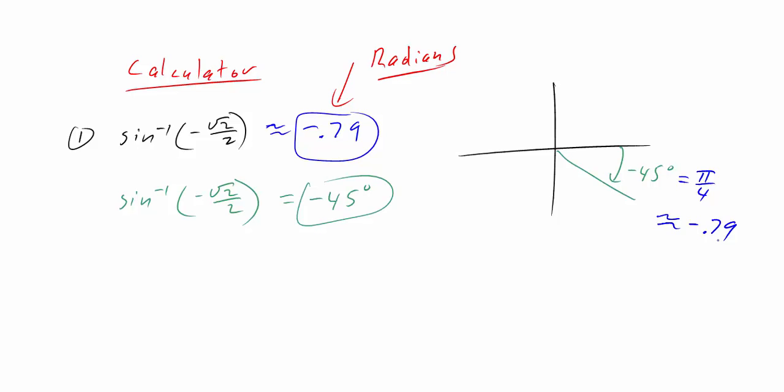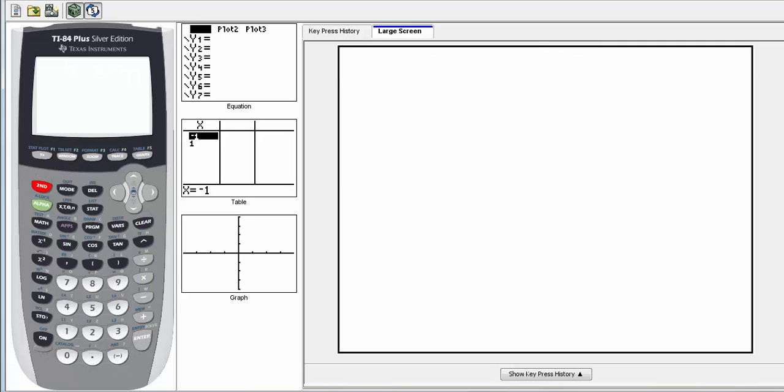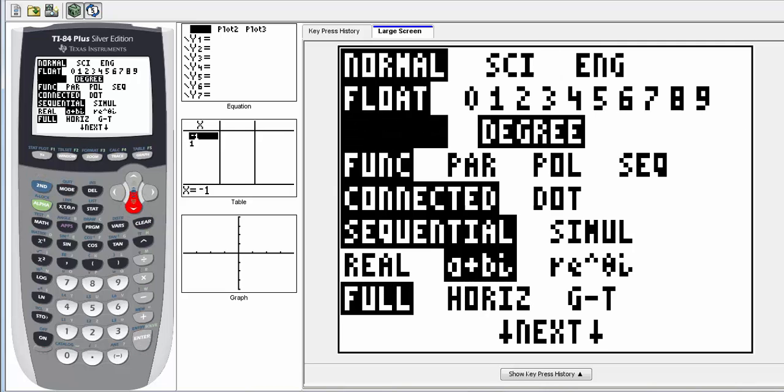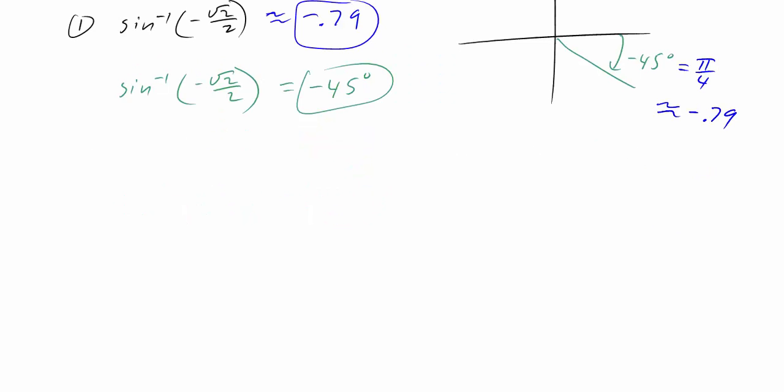So whatever mode your calculator is in is the angle that you're going to end up with. I believe for a lot of our examples, we're going to be in radians, so before I forget, I'm going to change my calculator back into radian mode. Okay, so be very careful with what mode your calculator is in.